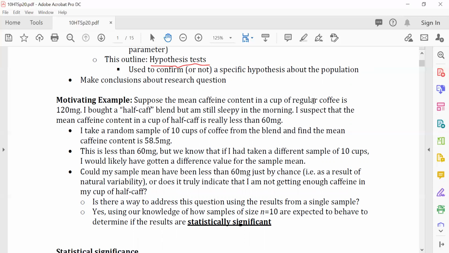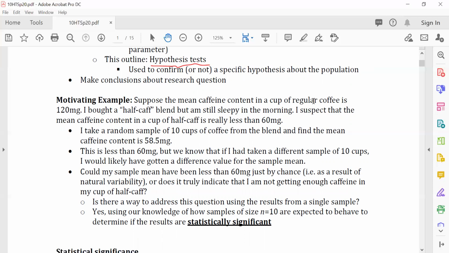Okay, so in this motivating example, I bought a half-cup blend of coffee, but I'm still sleepy. So I suspect that the mean caffeine content is less than 60 milligrams.